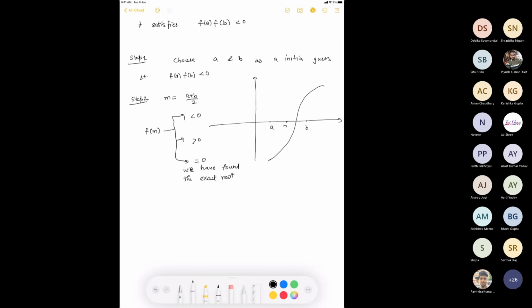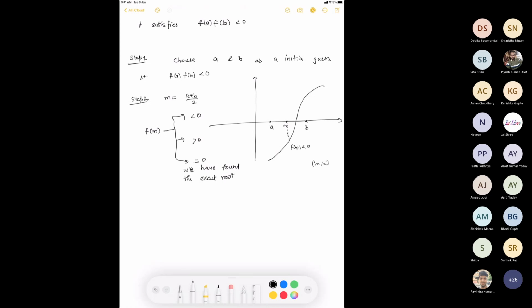Now, what happens if f at m is positive? So let's try to see first this case. So here, this is my f(a), f(b), and f at m is less than 0, right? So what I will do, I will choose my m as a. That is, my new interval is going to be MB in this case.